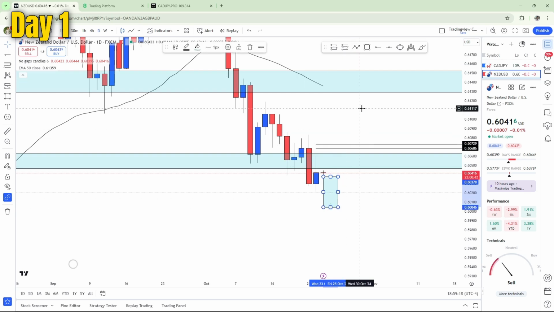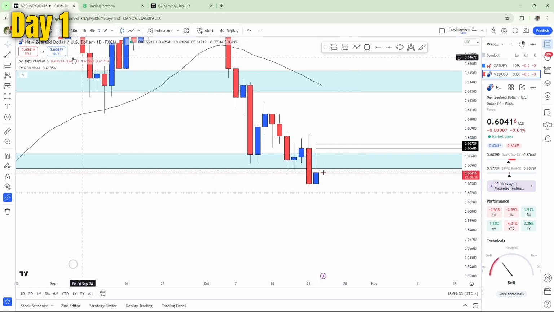I don't want to see that, because that would just mean we would have been taken out on a wick that would look like that, and that would piss me off. I'm not gonna lie. So hopefully, like I said, I don't want it to happen. Of course, we don't know what's gonna happen, but that's the one thing that I don't want to happen. Now, if I see price really reaching up there, then I might close my trades early just to save some losses. But if not, then it is what it is.